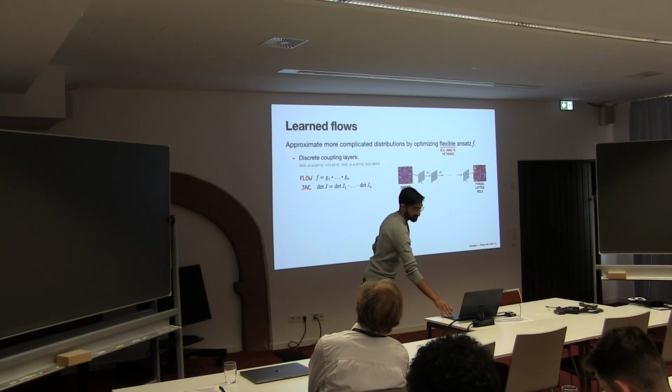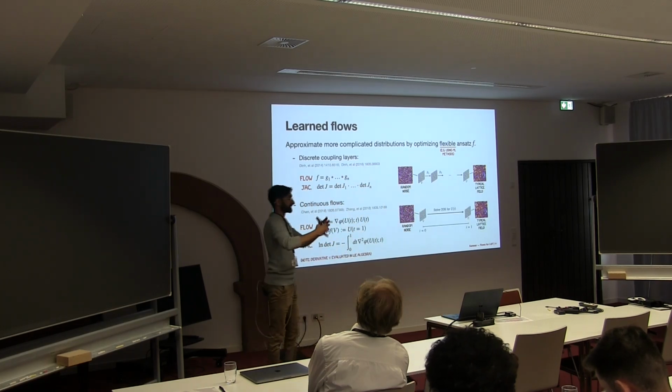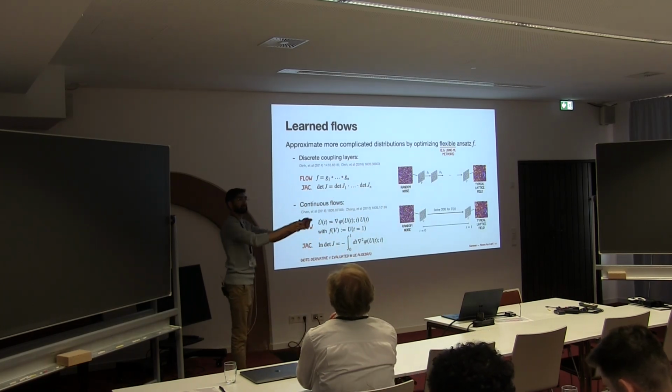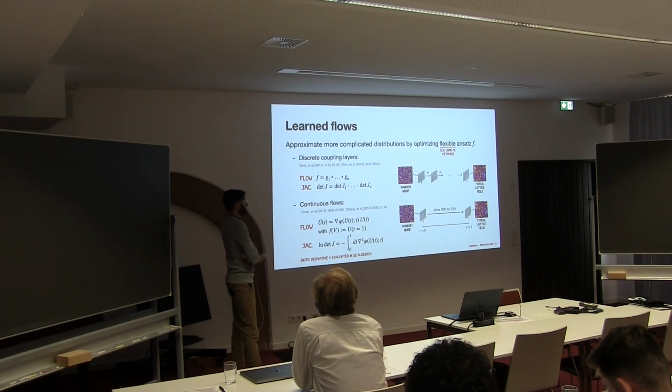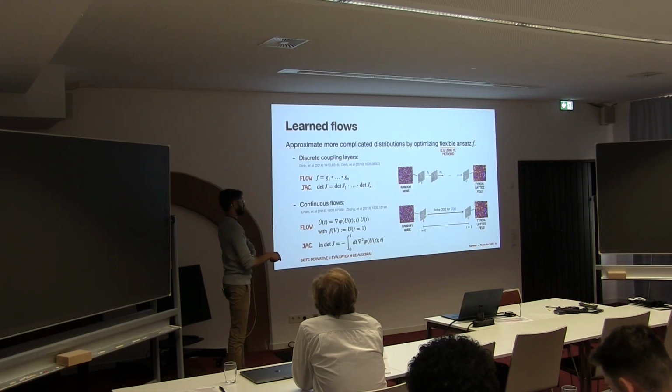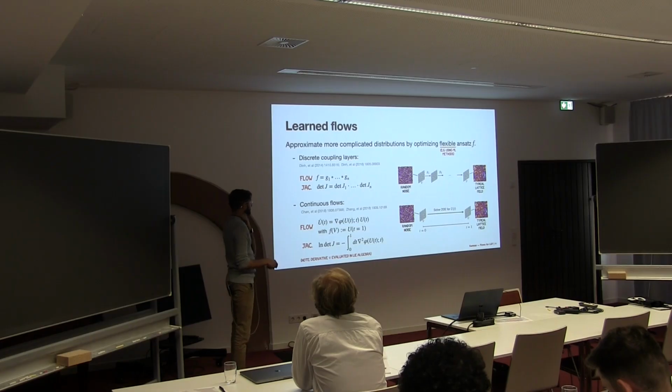The second approach, which is a little bit more intuitive and fits more in this framework of flowing samples around continuously, is what I would call continuous flows. The idea is very similar, except instead of applying a sequence of transformations that are individually constructed to be invertible, I say my map from my initial random noise sample to my output is going to be the solution of some ordinary differential equation.